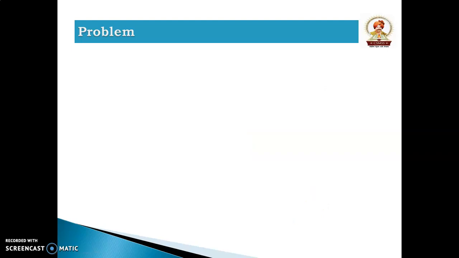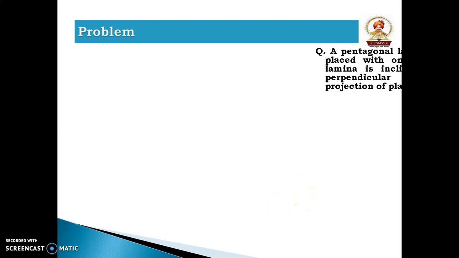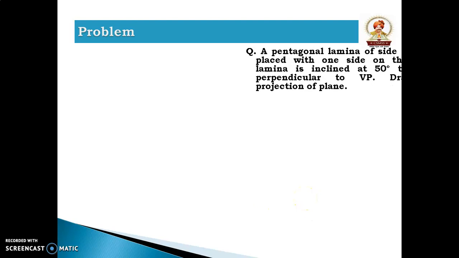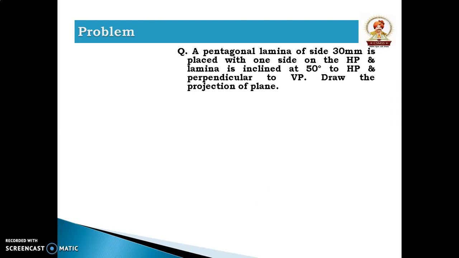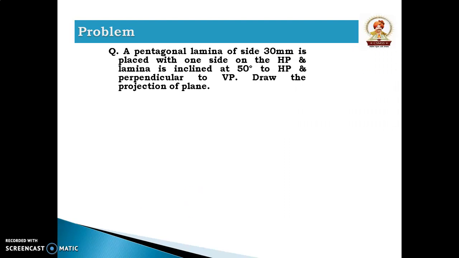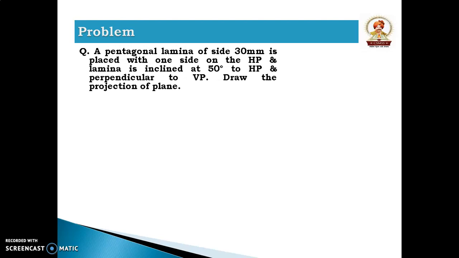Now we are going to solve the problem. The problem is: a pentagonal lamina of side 30 mm is placed with one side on the HP and the lamina is inclined at 50 degree to HP and perpendicular to VP.